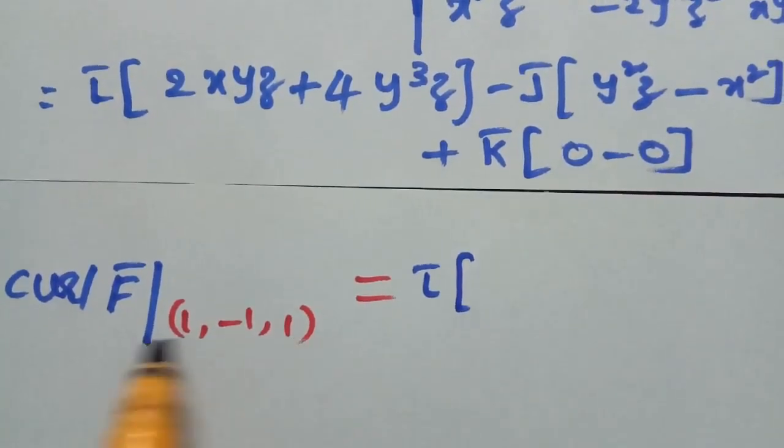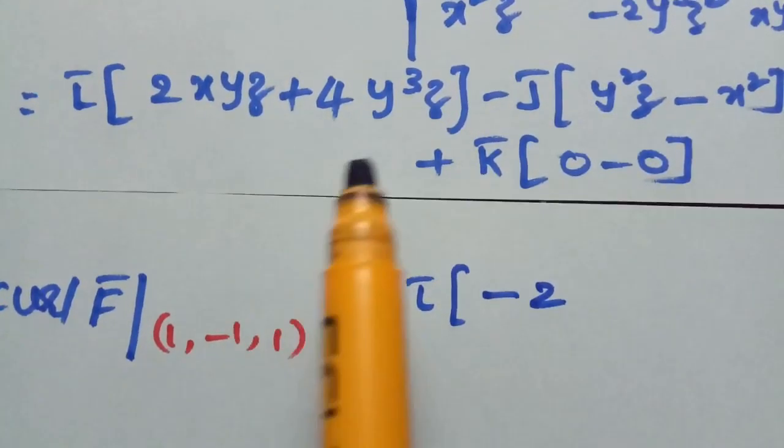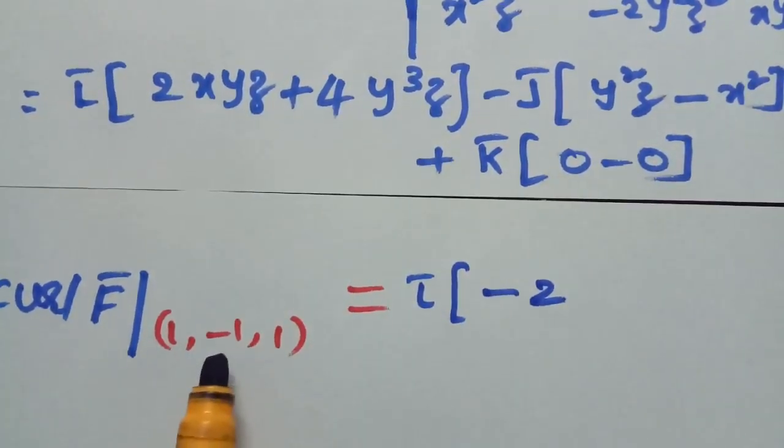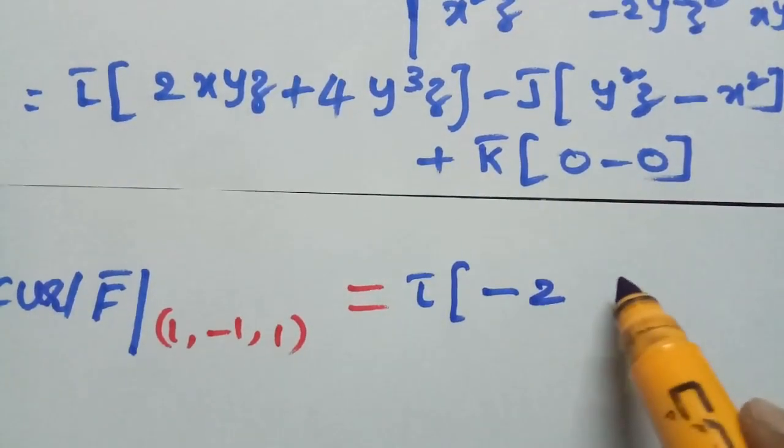Therefore, that is minus 2, plus 4 into minus 1 whole cube into 1, that is minus 4.